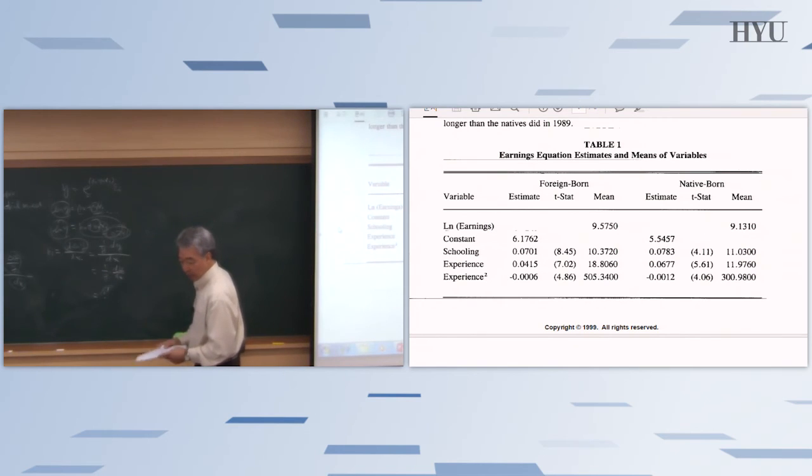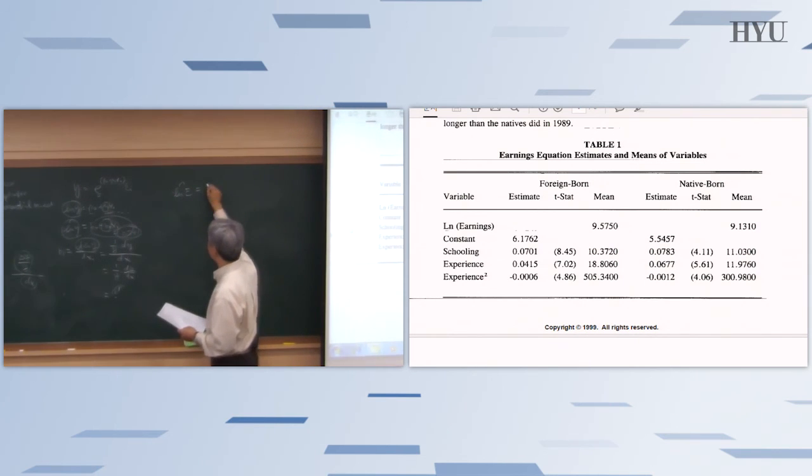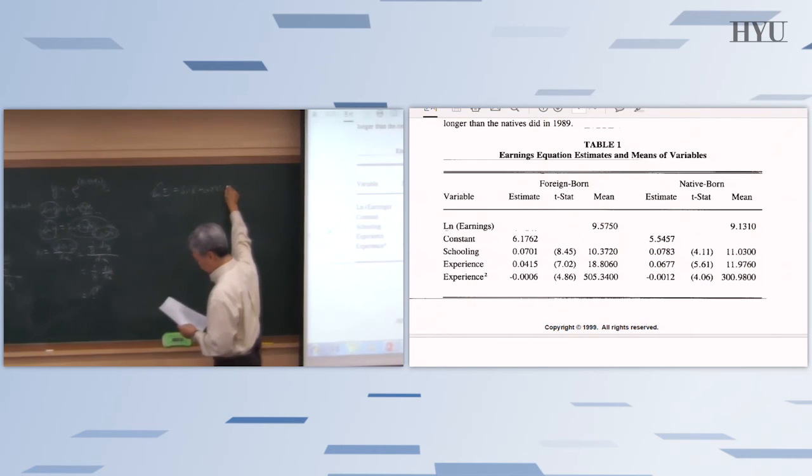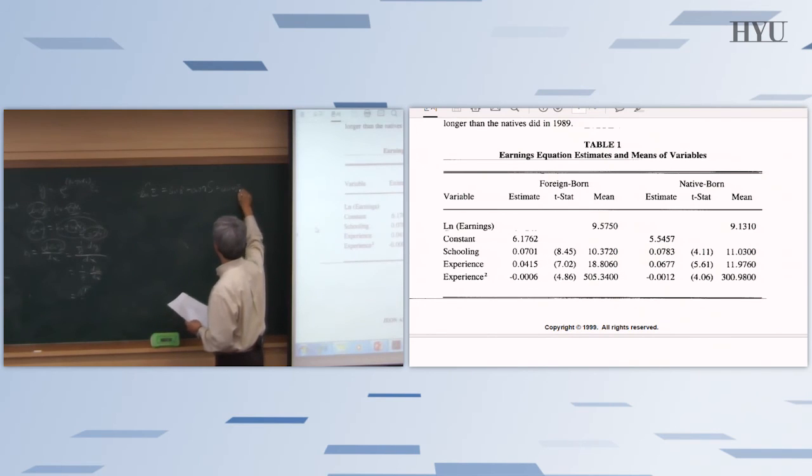So the estimated equation: log of earning came out to be 6.18 plus 0.07 schooling plus 0.04 experience minus 0.0006 experience squared. Okay?